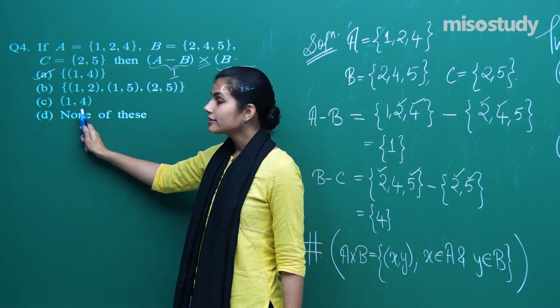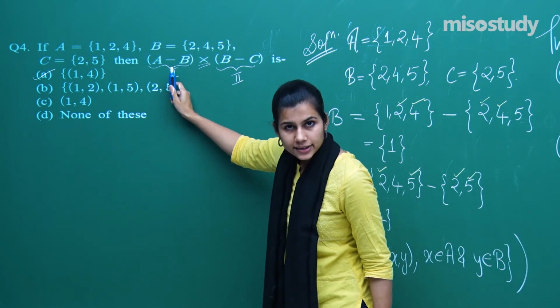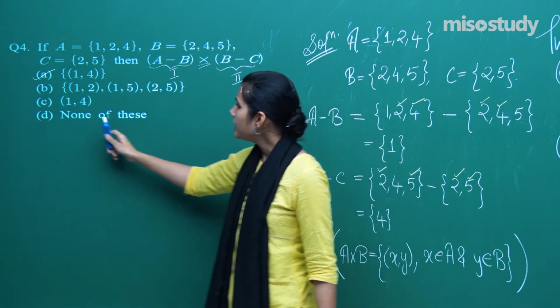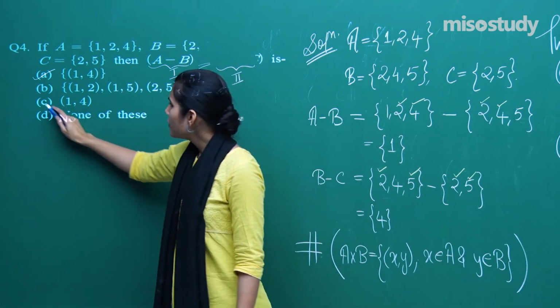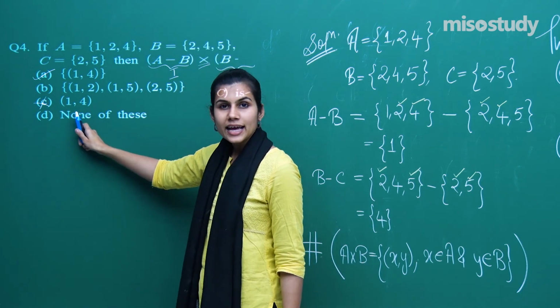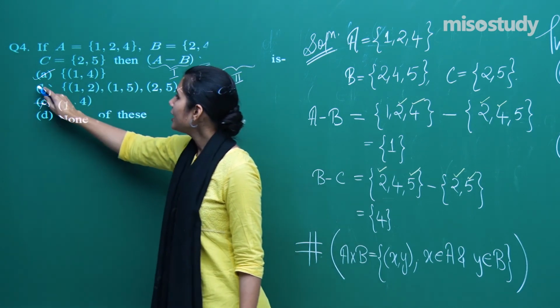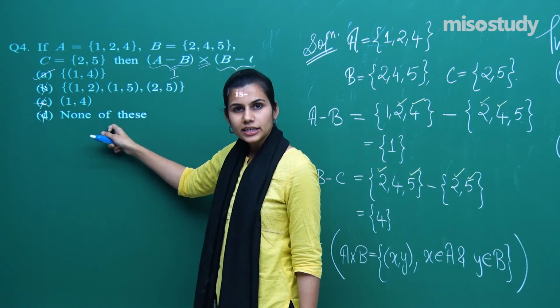No, this is not the correct answer because I want a set in which ordered pairs are sitting, and this is not a set, and I need a set, and therefore C is definitely wrong. That is the difference between an element and a set consisting of an element. That is why A is correct, C is wrong, B is wrong and D is definitely wrong.